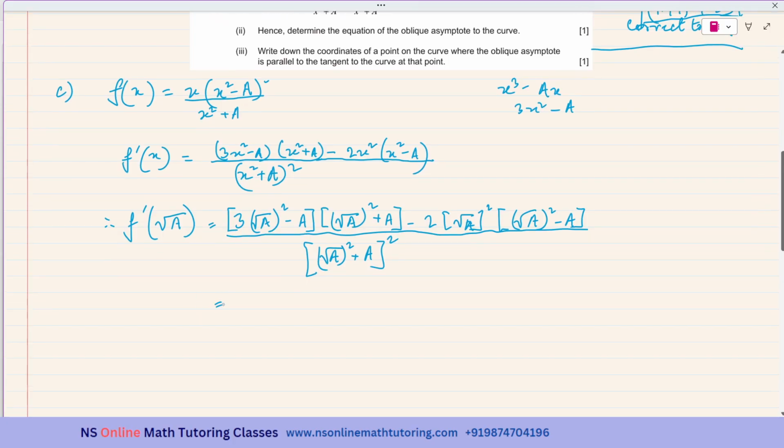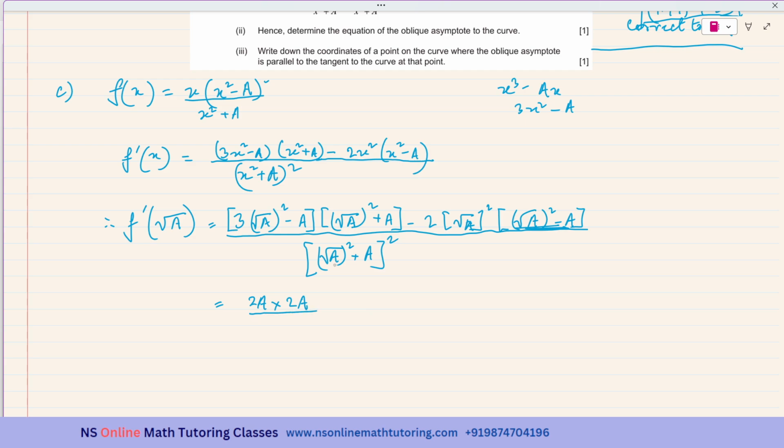So this is equal to, (square root of a) whole square is a. So 3a minus a is 2a. And this one is a plus a, again 2a. And this part is a minus a, which is 0. So I will not be having anything from the second term.